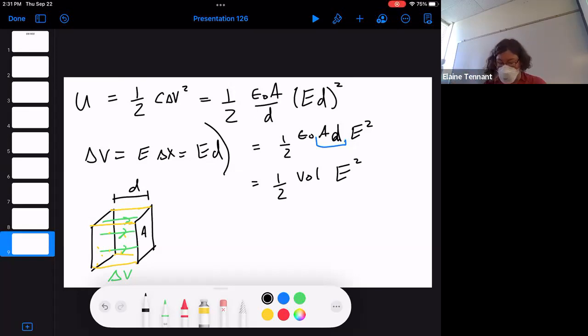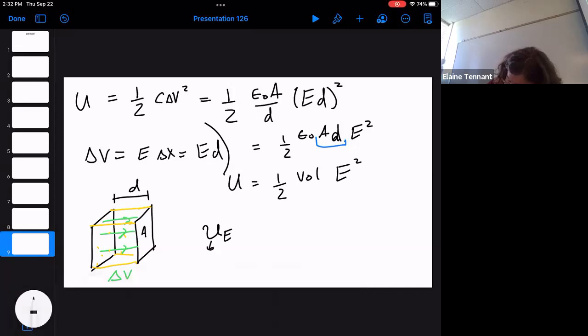Okay? So what you can do at the very end here is to say, if the potential energy of that electric field inside the plates equals 1/2 its volume times the electric field squared, then you can do an energy density, which is useful, which is the total energy divided by the volume.